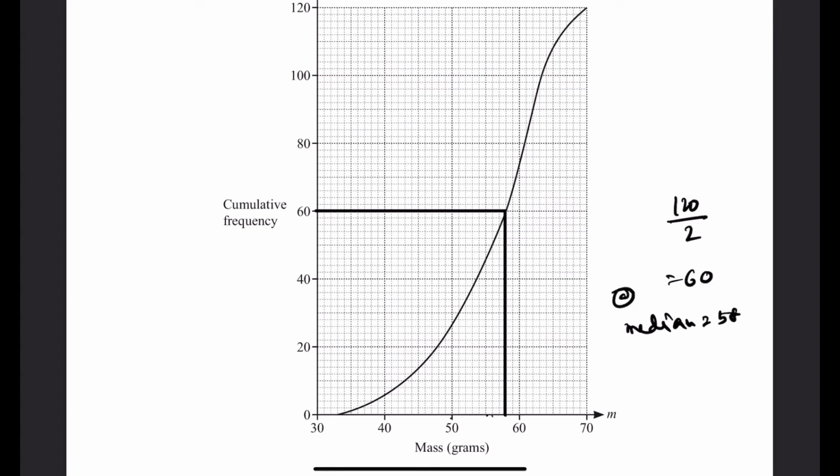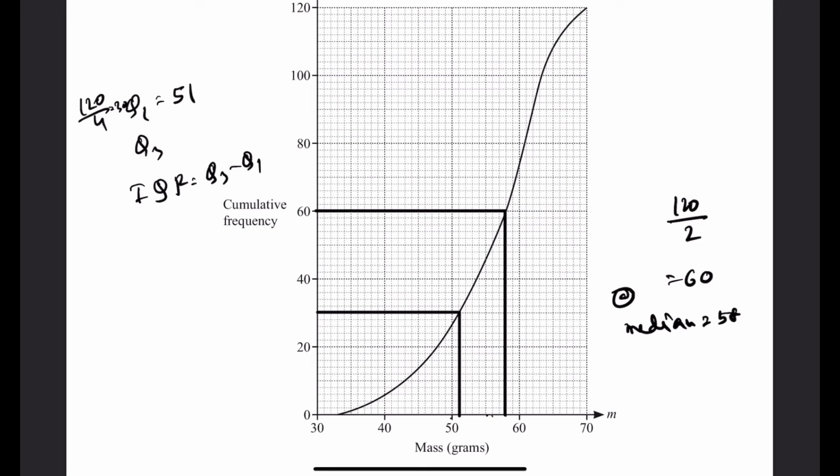To find the interquartile range, you need to find the lower quartile Q1, then Q3, and IQR is Q3 minus Q1. So to find Q1, 120 divided by 4, so this is 30. And then it is becoming 51.